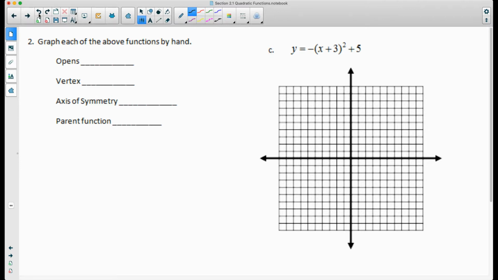So this one opens which way? Down. My vertex is -3, 5. Which means my axis of symmetry is x equals -3, and we're still dealing with a quadratic.